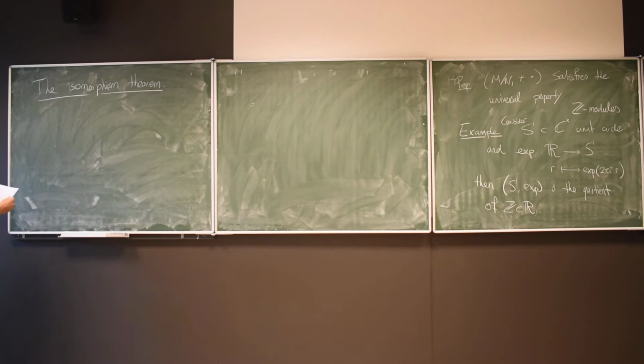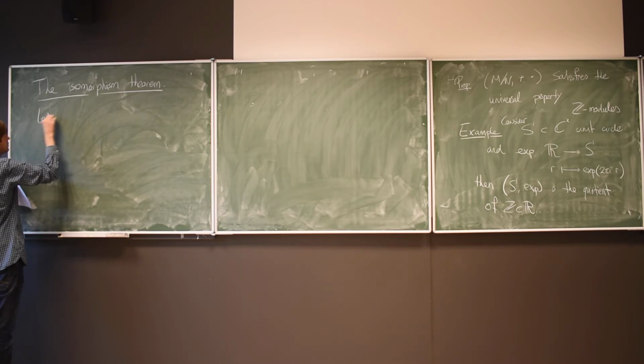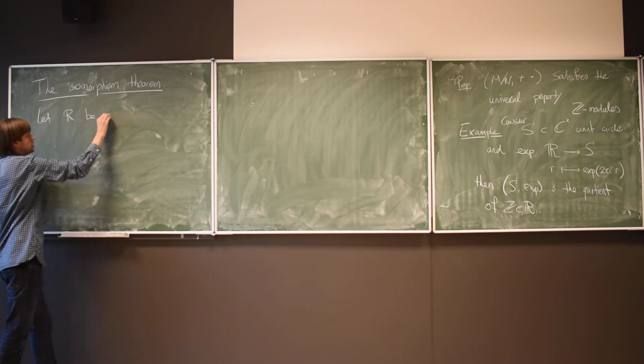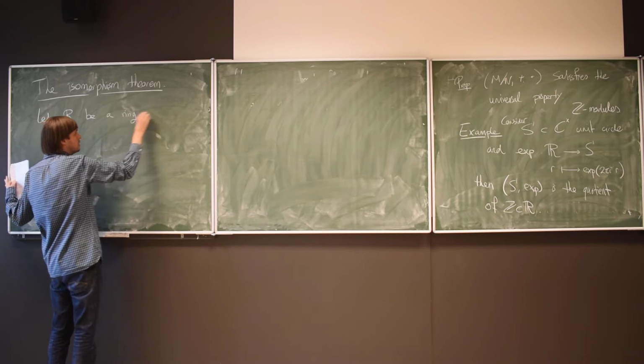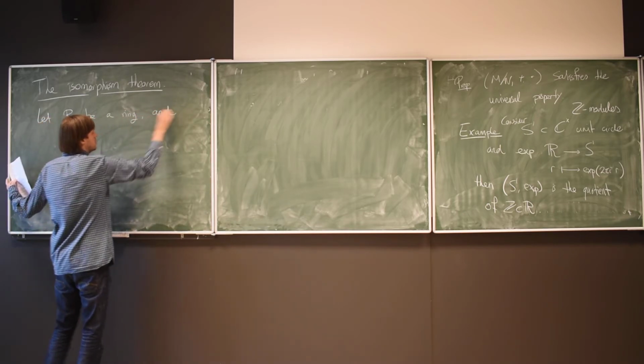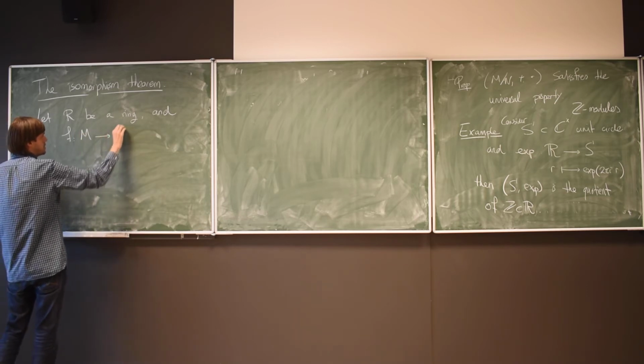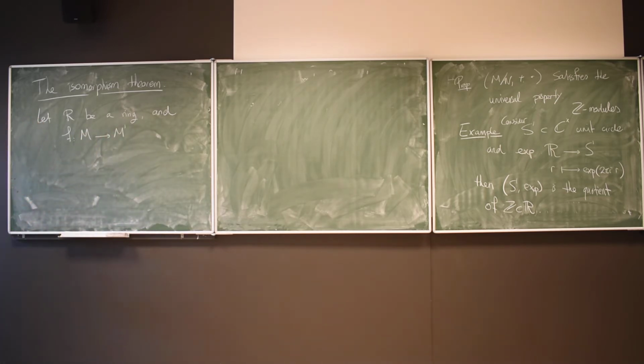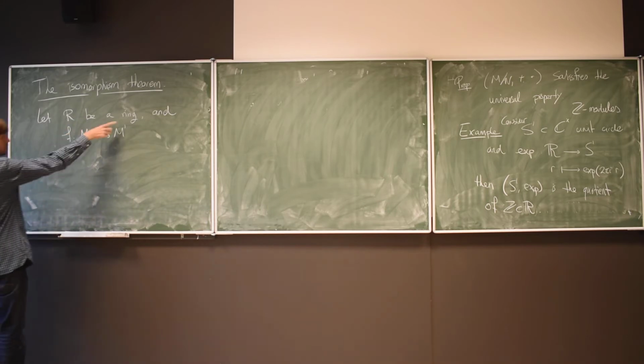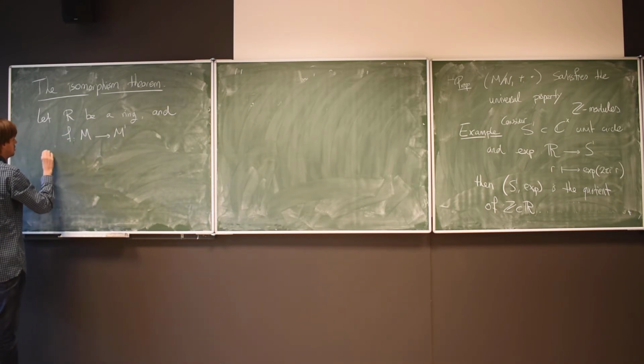So what does this say? So let R be a ring, and f from M to M prime a morphism between two arbitrary fixed R modules.